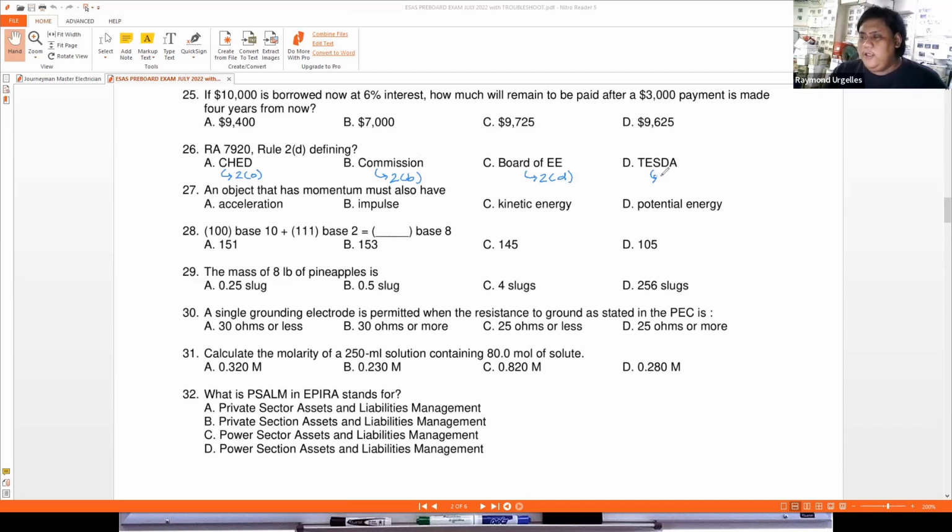So check the IRR, you have a copy on Google Drive. The question is Rule 2D, therefore that's the Board of EE.